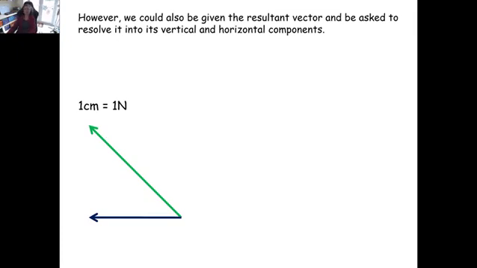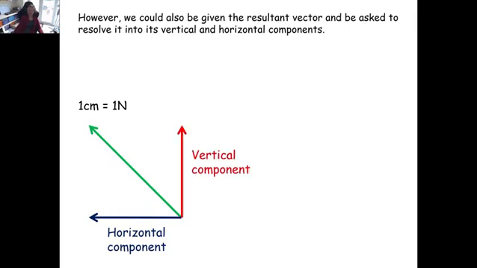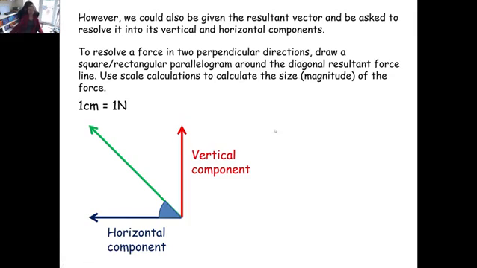So a horizontal component would be along the bottom there, and our vertical component would be at 90 degrees to it here. So we would have our vector resolved into a horizontal component and a vertical component, and then we could specify an angle between it there. Okay, so how would we do that?